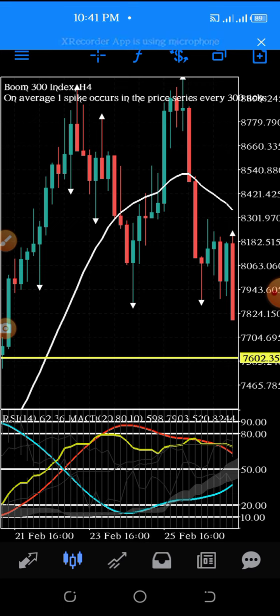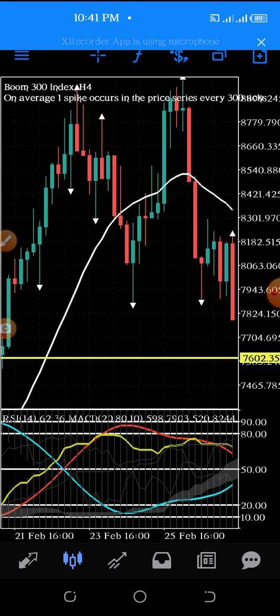Then you see it's very close to it. Sometimes it comes close to it before it turns back. Sometimes it will hit it and turn back. But the major one is when it hits it. If this pin bar came down and touched this yellow line, which is the support zone, yes, you confirm that very well.